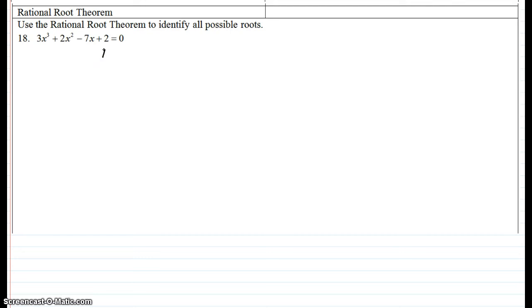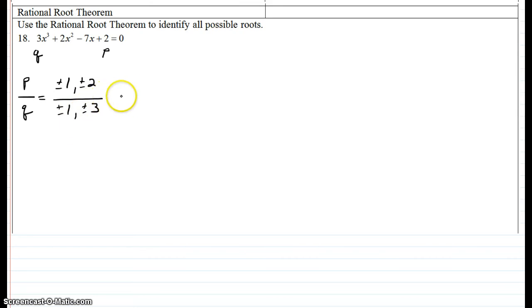And so this is going to be P, this is going to be Q, and so we're going to take all the factors of P over all the factors of Q. And so P is nice and easy. It's just plus or minus 1, plus or minus 2. Q is plus or minus 1 or plus or minus 3.